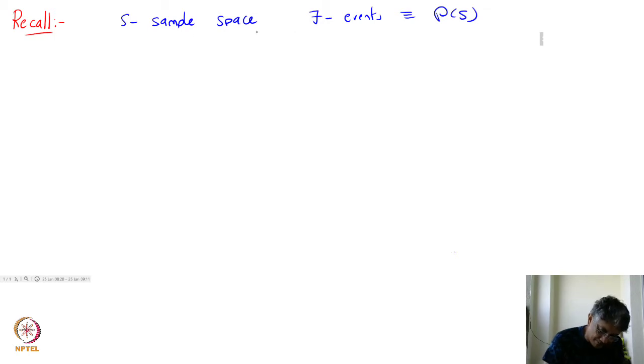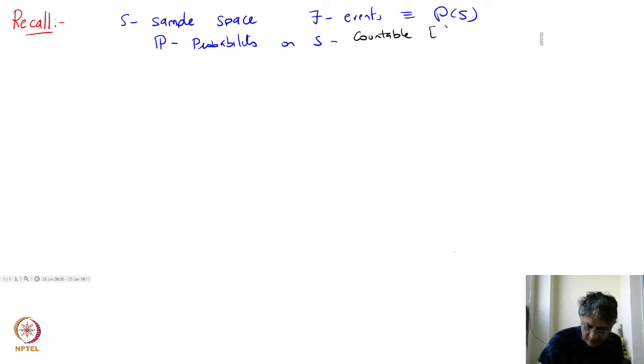We've had a sample space S, and I took the space of all events to be all possible subsets of S, the power set of S, and I had a probability P on S. And I largely took S as countable, so I only took S as countable, either finite or infinite.